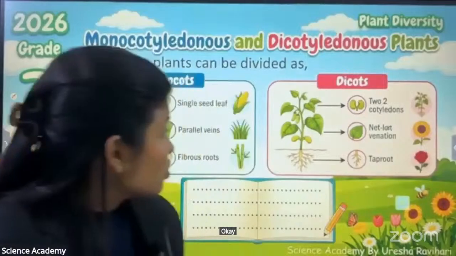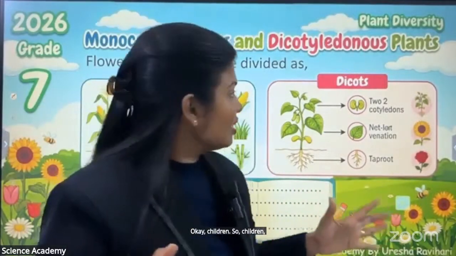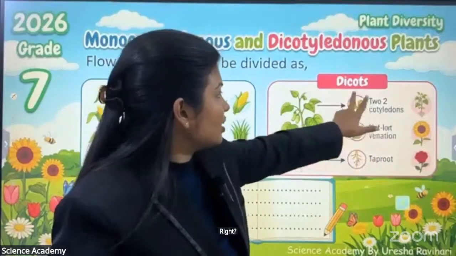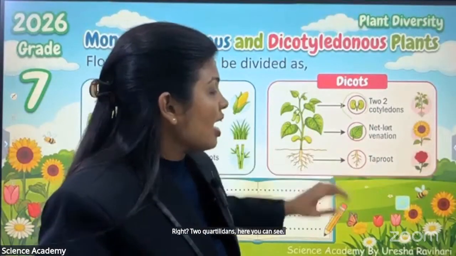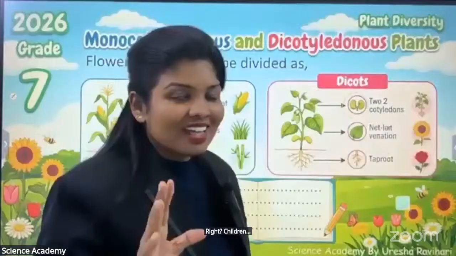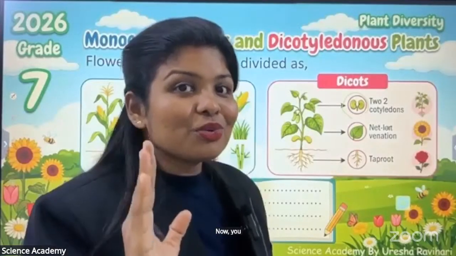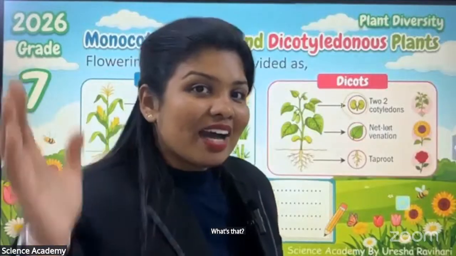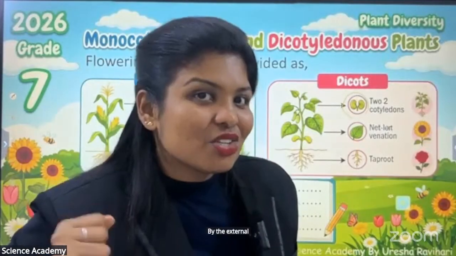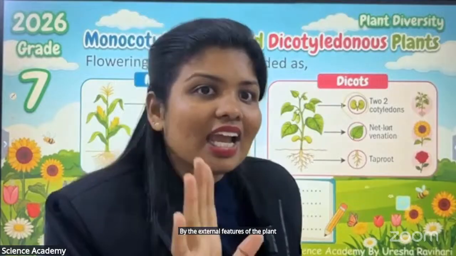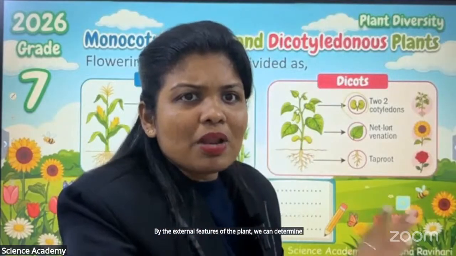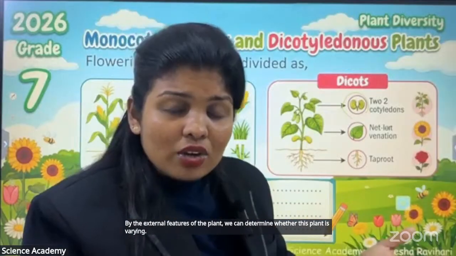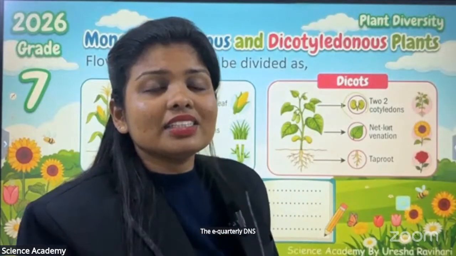Okay, children. These dicots have two cotyledons. Now you have a good chance: by the external features of the plant, we can determine whether this plant bears dicotyledonous or monocotyledonous seeds.